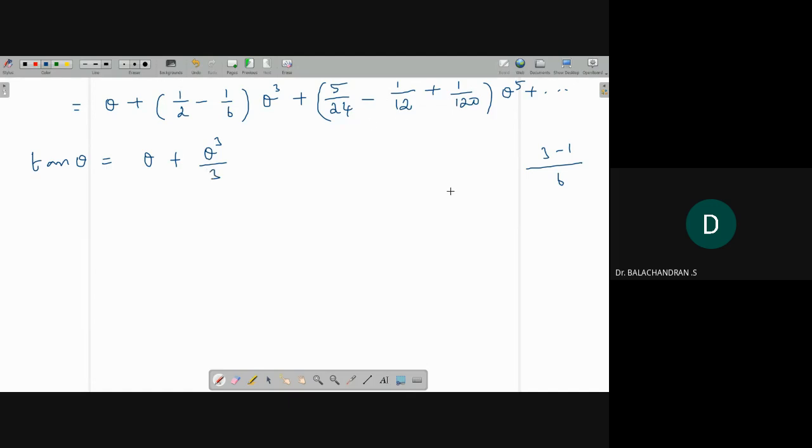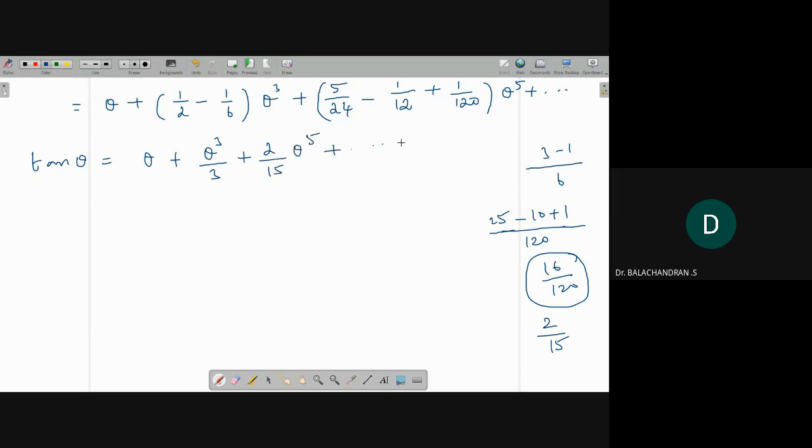If you take 120 as LCM, 5 into 5, 25 minus 10 plus 1, so 16 by 120, and if you divide by 8, 2 by 15. So plus 2 by 15 into theta power 5 and so on.